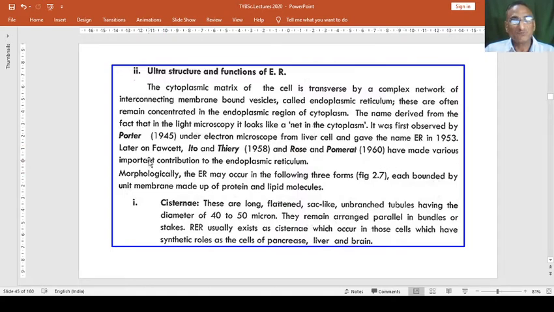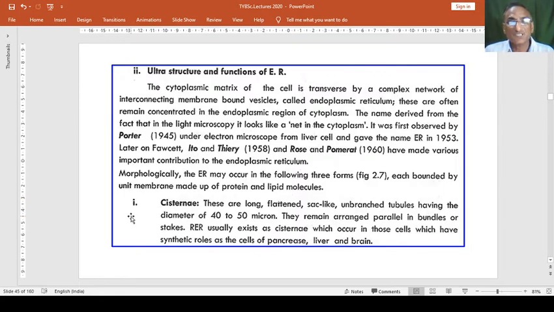Later on, Fawcett, Ito and Thierry in 1958 and Rose and Pomeroy in 1960 made various important contributions in the study of the endoplasmic reticulum, described its structure and morphology, and reported that the endoplasmic reticulum may occur in the following three forms, each bounded by a unit membrane made up of protein and lipid molecules.